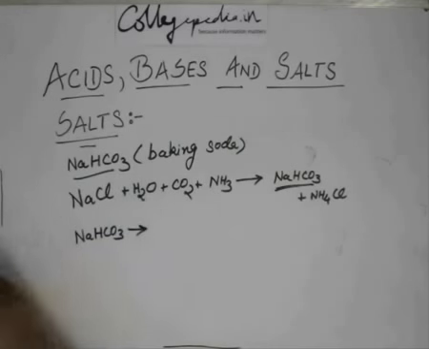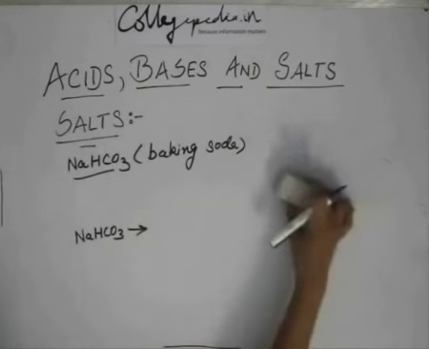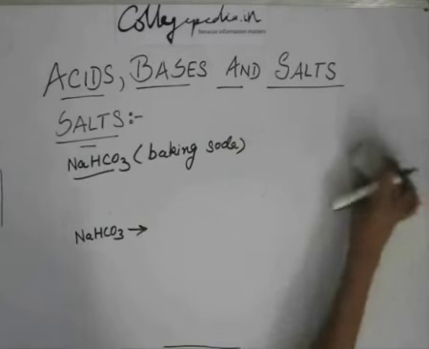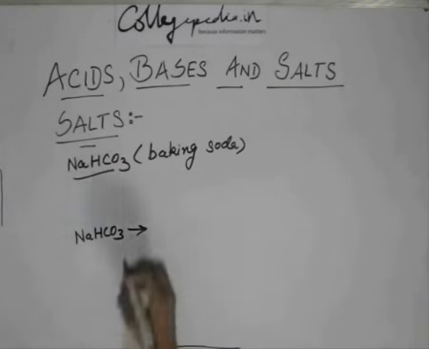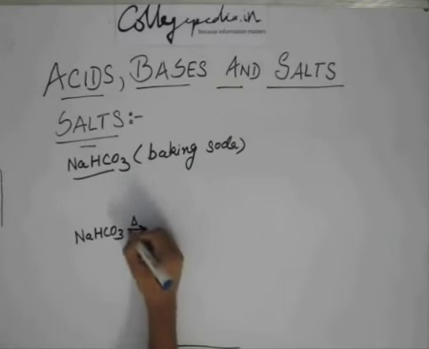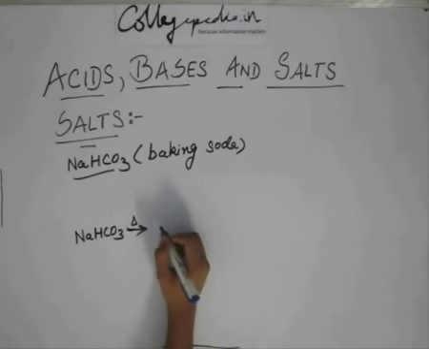What are its uses? Before we come to the uses, let us see some properties. NaHCO3, when heated, (this delta sign, triangle sign, is the sign of heat) will decompose.